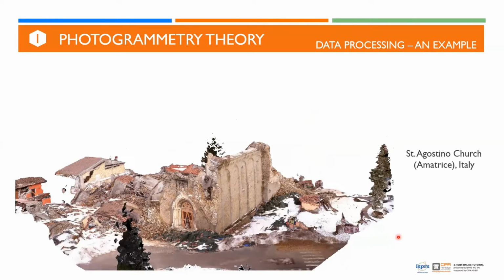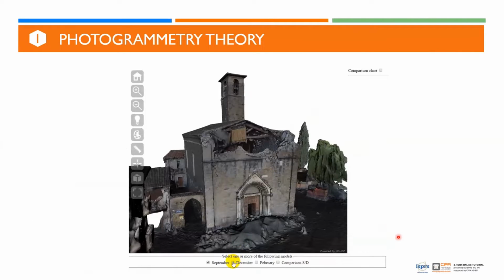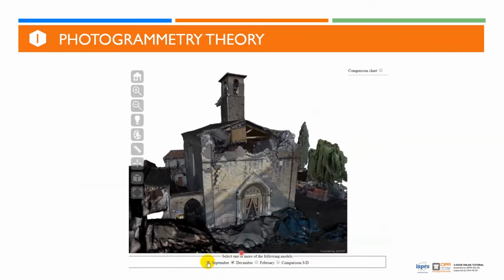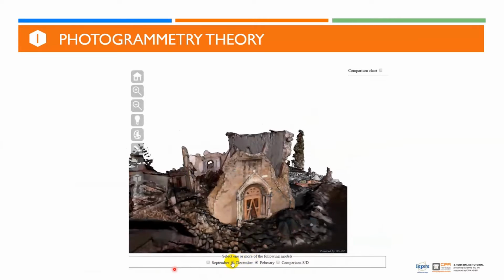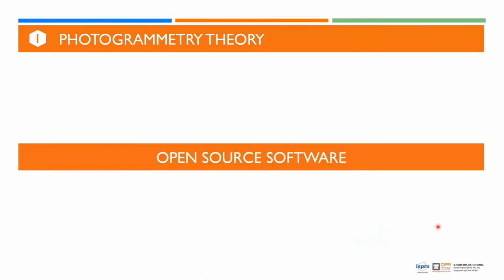This was a church in the center of Italy, damaged in the earthquake of 2016. So here you can see from the different epochs how it has changed and how also you can manage our photogrammetric products. Now to the last part, open source software.